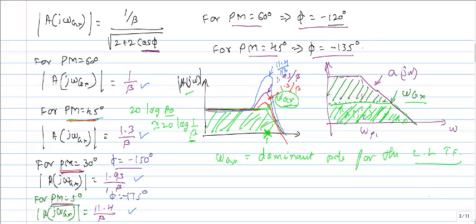I guess when we talked about the frequency response, we talked about something like resonant frequency and resonant peak, right? And when can we have a resonant peak and a resonant frequency in a frequency plot?